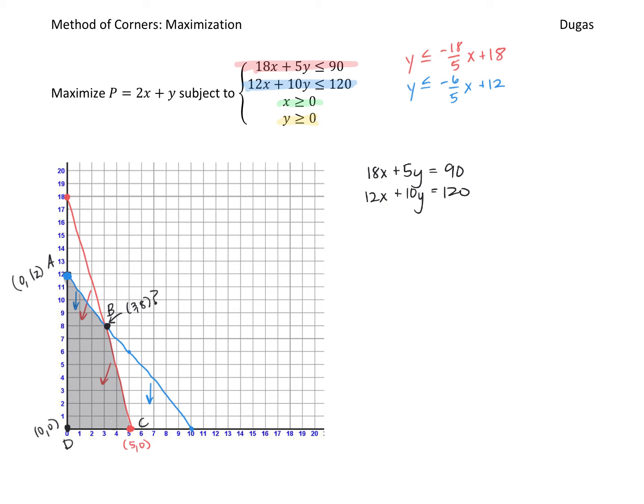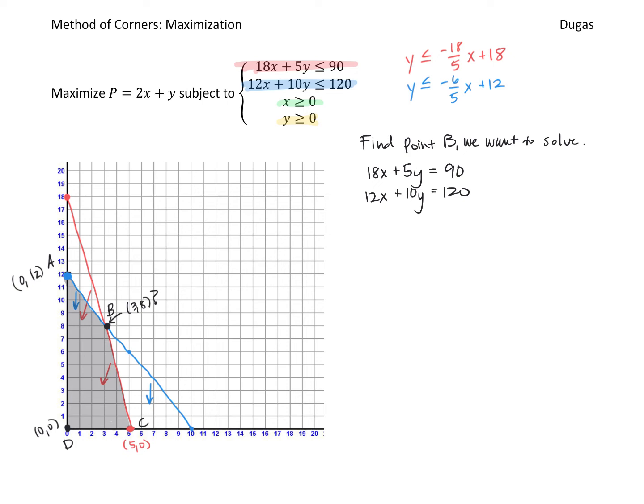So to find point B, we want to solve the system of equations, because that tells us what that point is, where these two lines intersect.